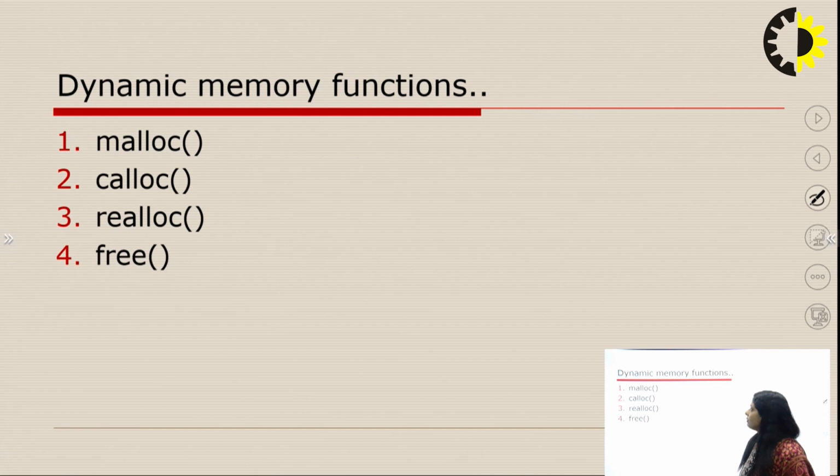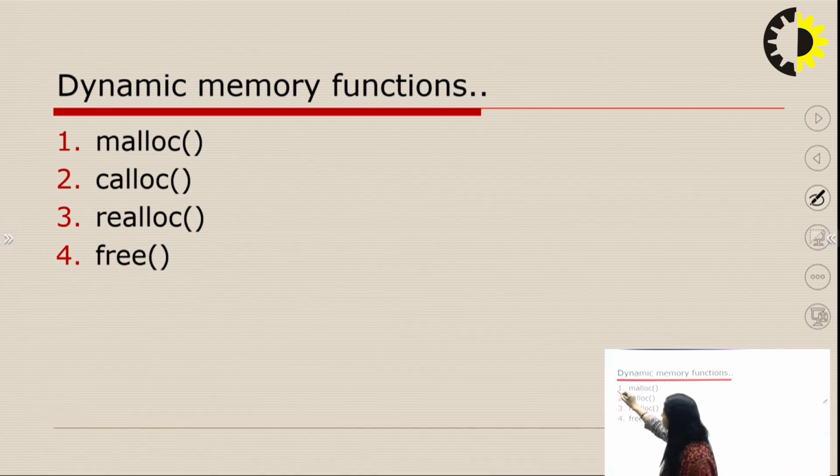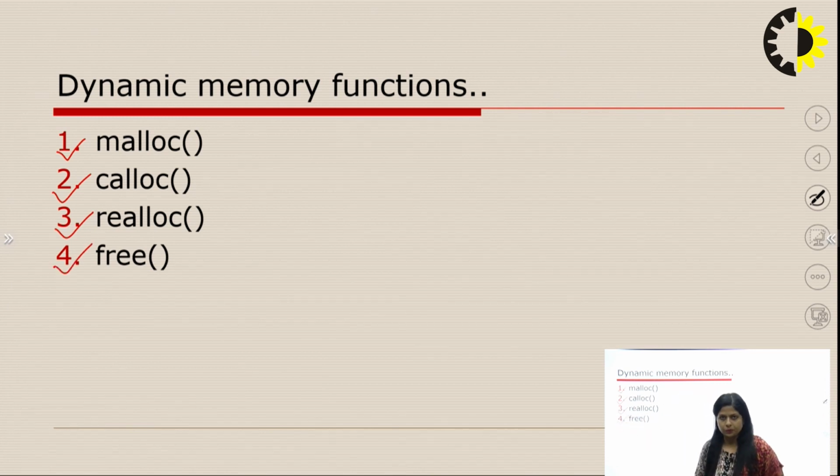Here we have the dynamic memory functions: number 1, malloc; second, calloc; third, realloc; and the last one, free.